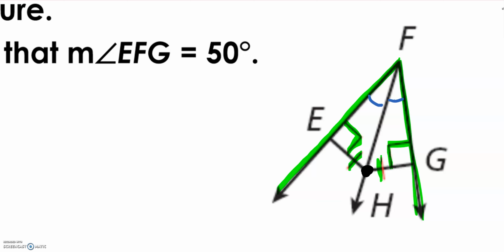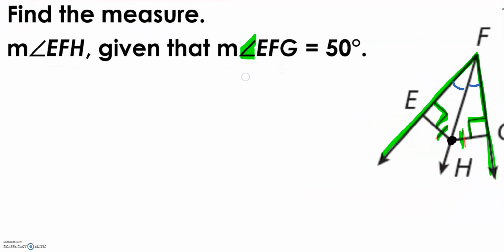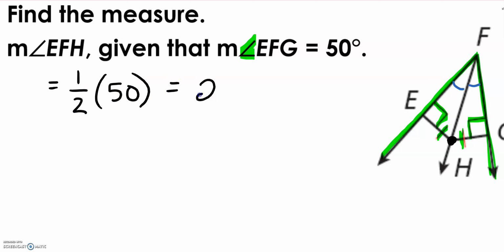Now, if that's true, and I know that angle EFG is 50 degrees, well, that means that angle EFH is worth half of that. So the measure of angle EFH is 25 degrees. Next one.